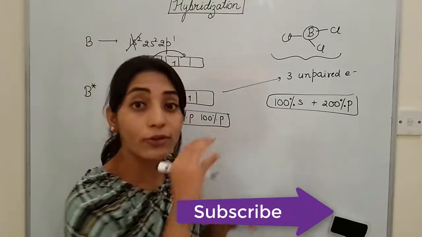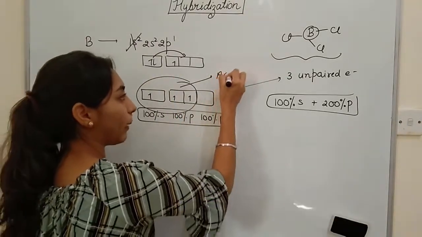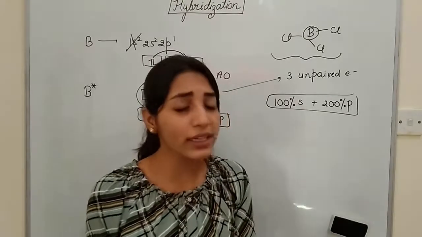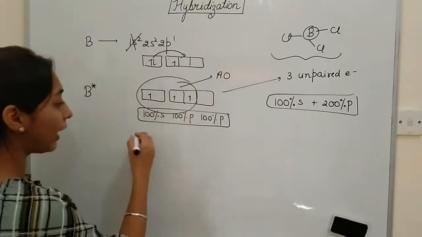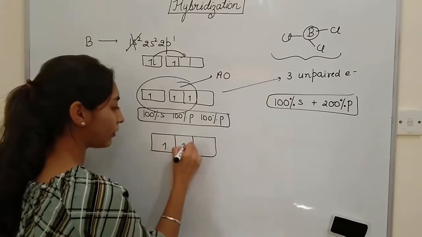Now these 3 atomic orbitals intermix, combine, and mix with each other to form how many hybrid orbitals? They will form 3 hybrid orbitals, and the 3 hybrid orbitals will have 1 electron each.